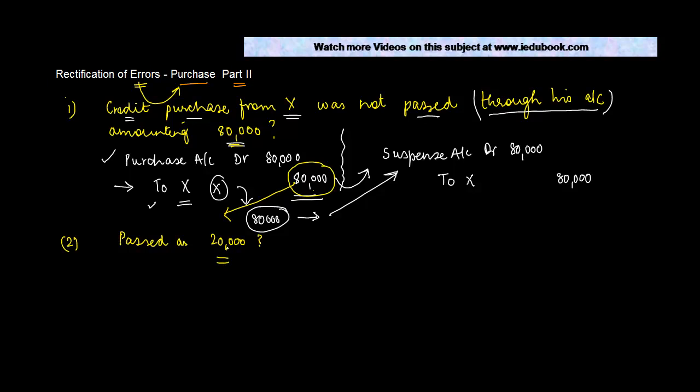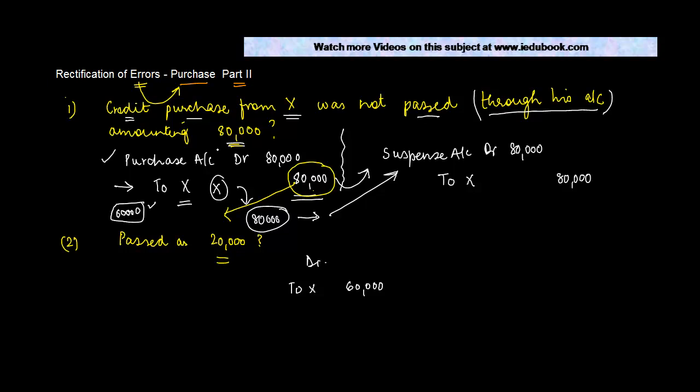Again, he had to be credited by 80, he was credited 20, so there's a shortfall of 60,000. So that credit he has to get.